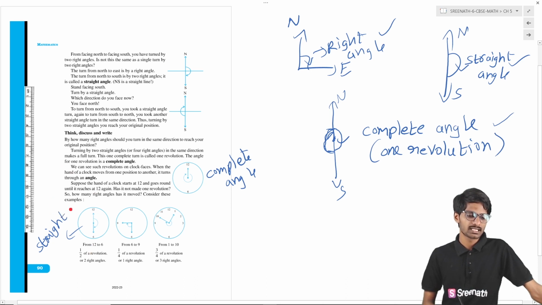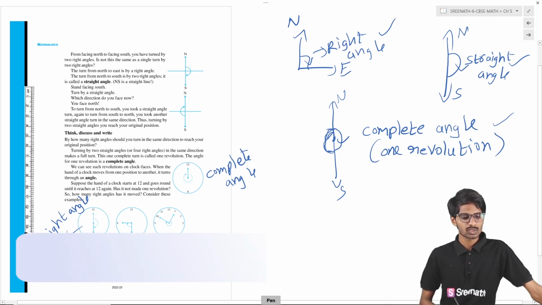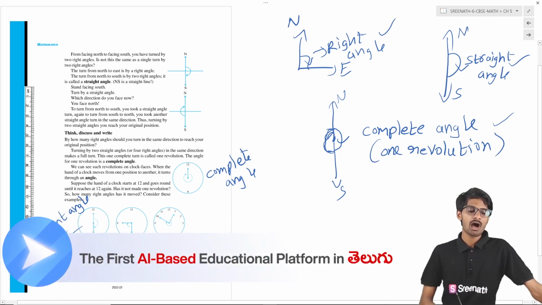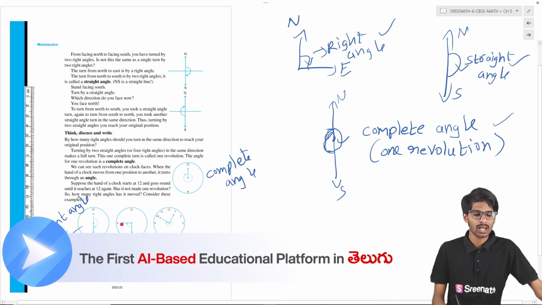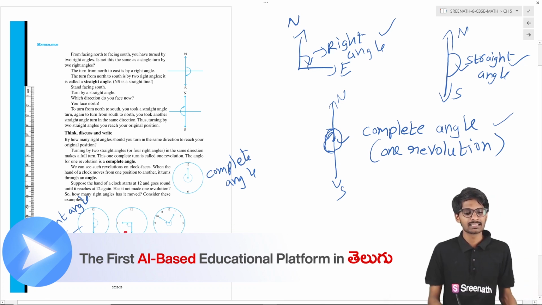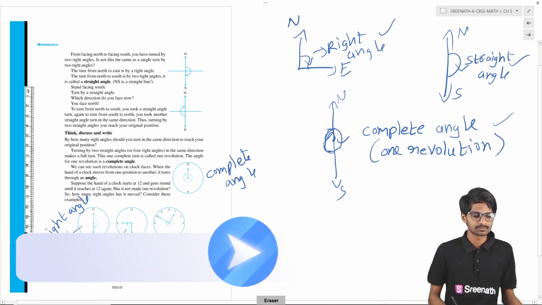So it is one straight angle, or two right angles, or half of a revolution. Okay, students. Suppose the hour hand is at 6 and it has moved to 9, what do we call it? It is called a right angle.